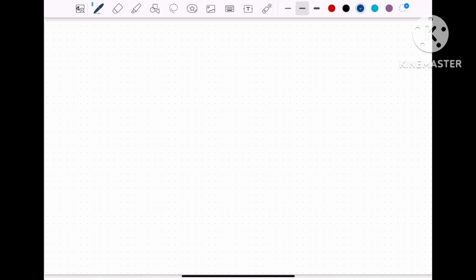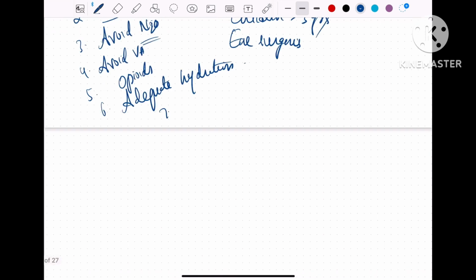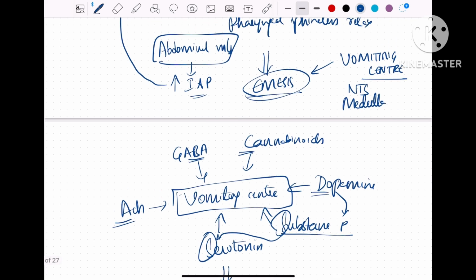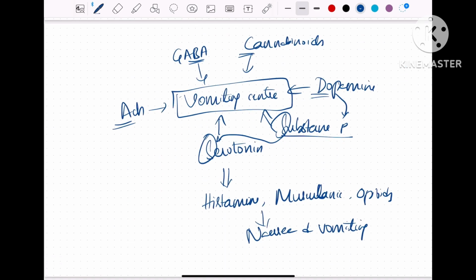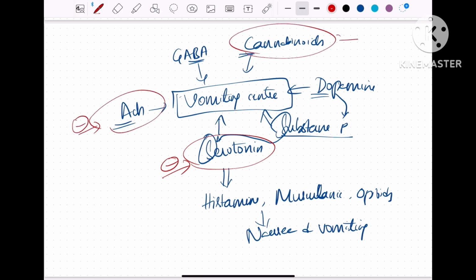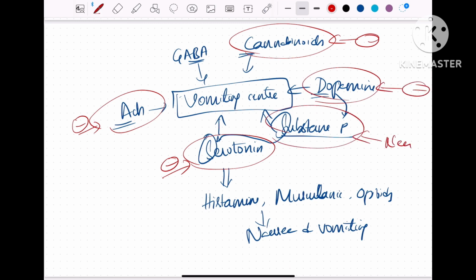Now we have seen the process. Let's discuss the drugs. For the drugs, let's go back to the neurotransmitters which we have seen acting on the vomiting center. The pharmacological therapies for the treatment of postoperative nausea and vomiting are serotonin receptor antagonists, anticholinergics, cannabinoids, dopamine receptor antagonists, neurokinin receptor antagonists, and H1 receptor blockers.